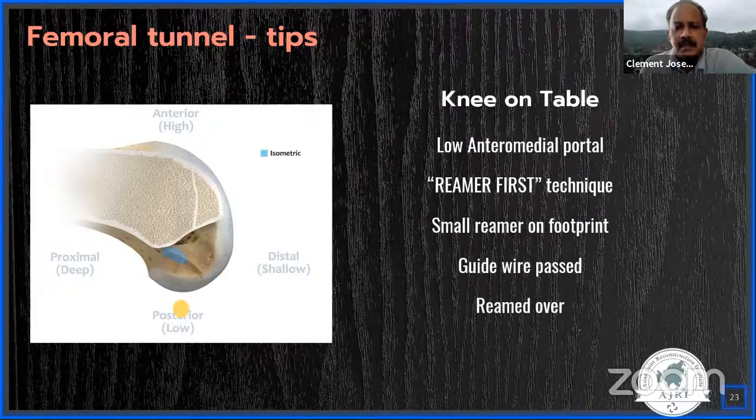Then, keeping the reamer in this position, a guide wire is passed through the reamer into the femur. Then the reamer is reamed over the guide wire. So we can make the exact tunnel where we want without damaging the nearby remnant.